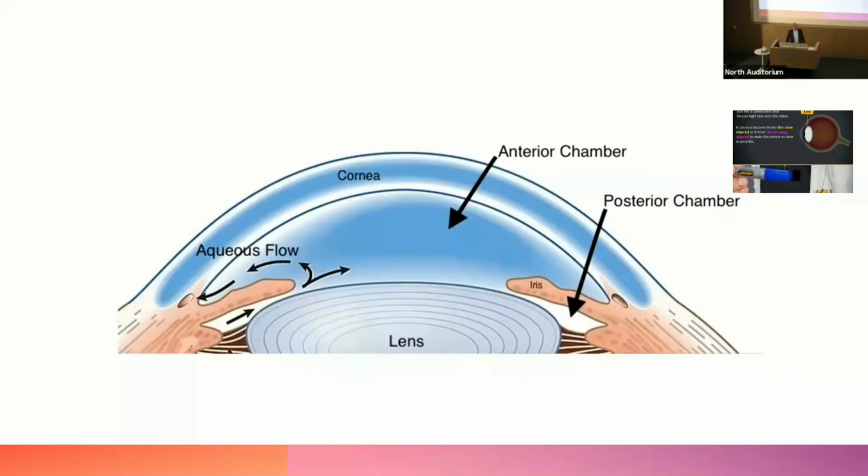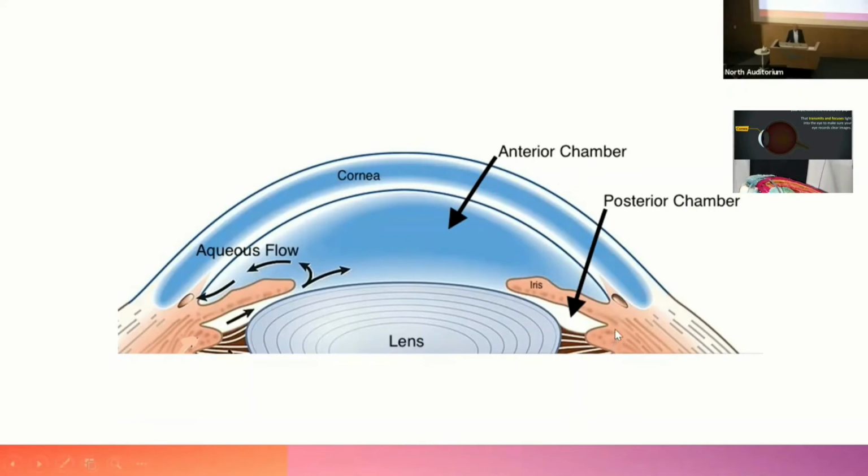So here's another sagittal section, just to give you another view, okay? There's the cornea, here's the iris, all right? And the clear bit in the middle is the anterior chamber. It's filled with what we call aqueous humor, or basically salt water, essentially, biological salt water.